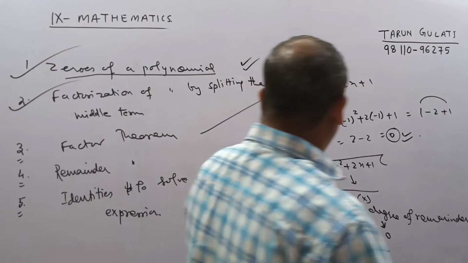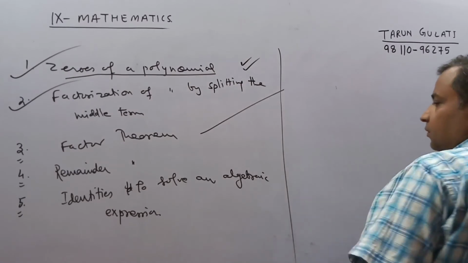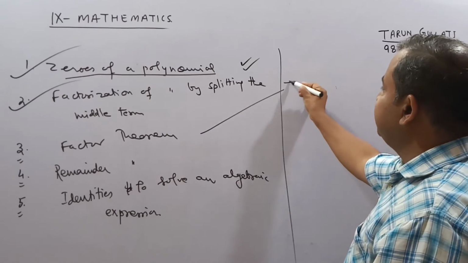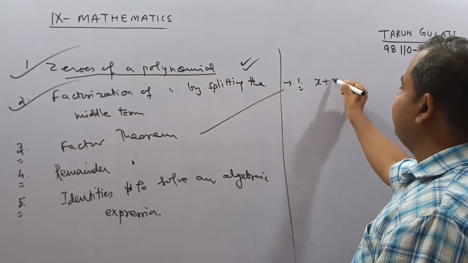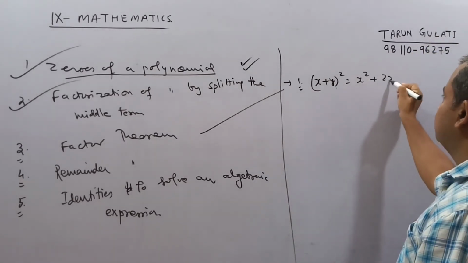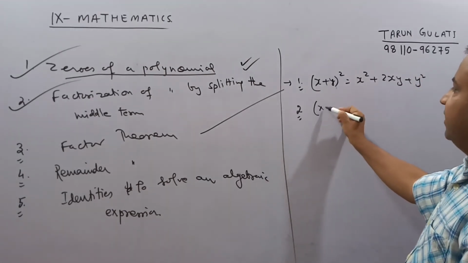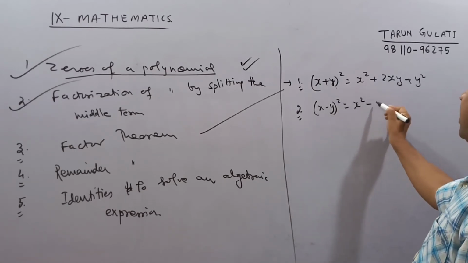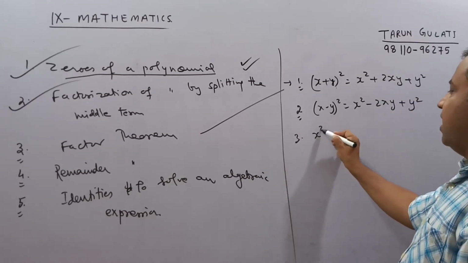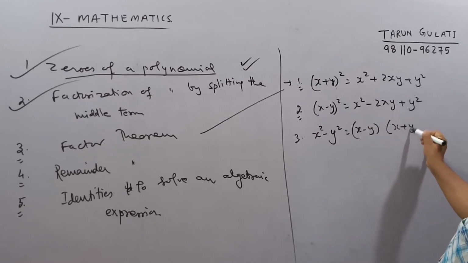Now the last concept for this chapter, polynomials, is identities to solve algebraic expressions. Number 1, x plus y whole square is x square plus 2xy plus y square. x minus y whole square is x square minus 2xy plus y square. x square minus y square is x minus y into x plus y.